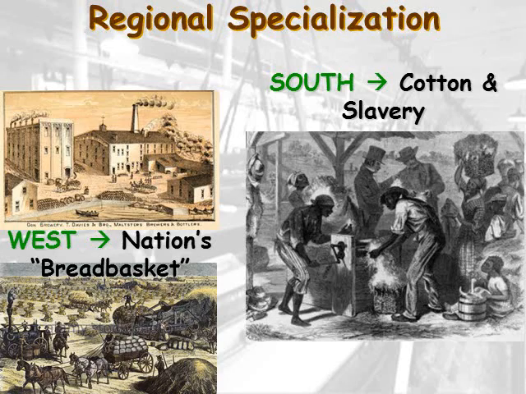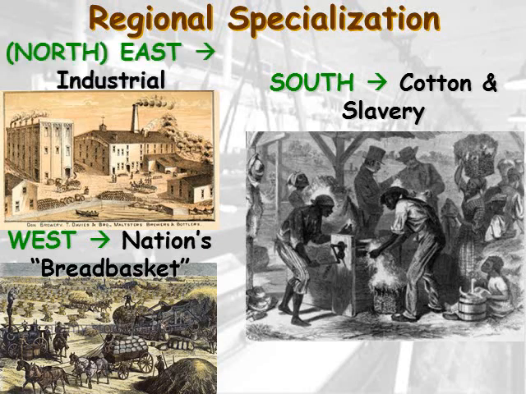Another result of the market revolution was increased regional specialization. Now, this in turn leads to increased sectionalism. As the South becomes more heavily invested in cotton and slavery, it does not become industrialized to the point that the Northeast and even the West become.